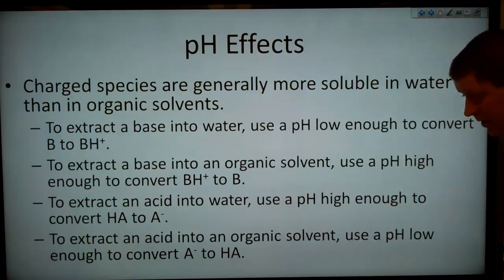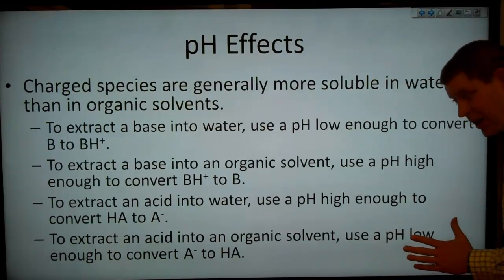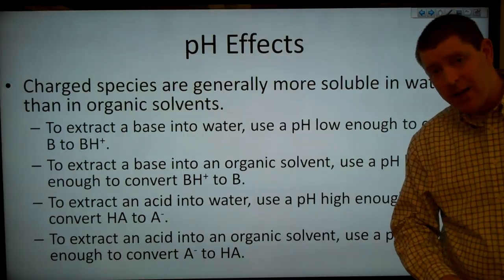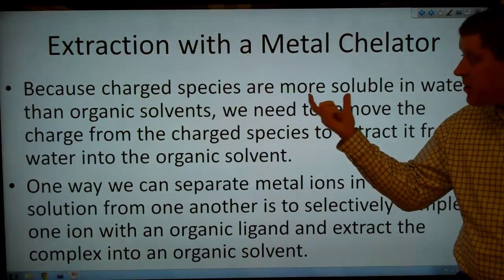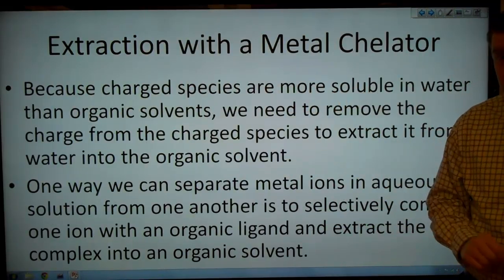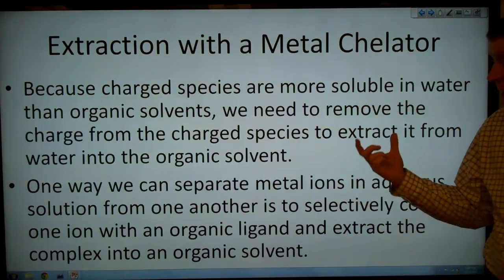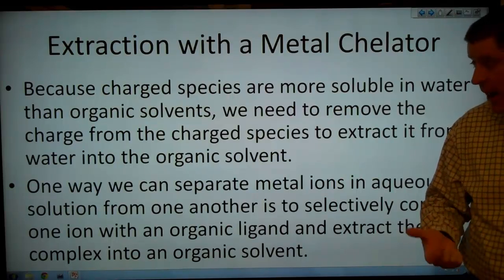And to extract the acid into the organic solvent, then we want to use a pH low enough to convert our conjugate base A- into HA. So because charged species are more soluble in water than in organic solvents, we need to remove the charge from our charged species to extract it from water into the organic solvent.